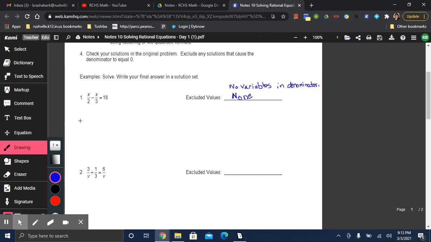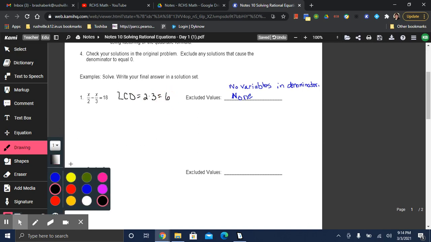Okay, so our next task is to find the least common denominator. And so we'll look at our two denominators and actually just have to multiply those together. So 2 times 3 is going to give us 6. 6 is going to be our least common denominator.